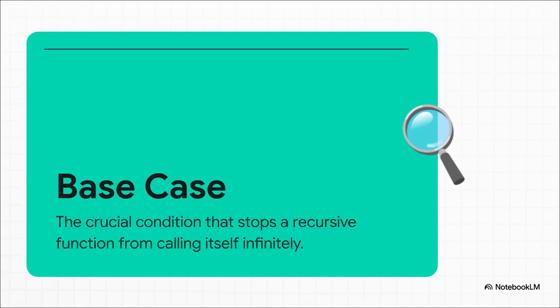And speaking of that recursive stack, when you write those recursive versions, you absolutely must have a base case. This is that crucial make or break condition that literally stops a recursive function from calling itself into infinity and totally crashing your program. Think of recursion like walking down a staircase in the dark. The base case, that's the solid floor at the bottom so you don't fall forever.